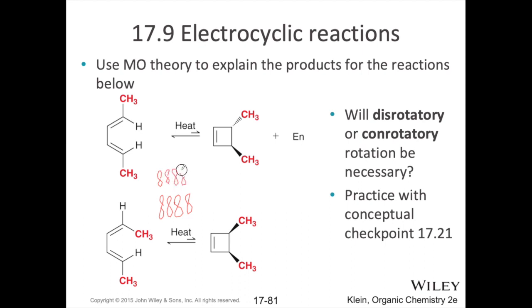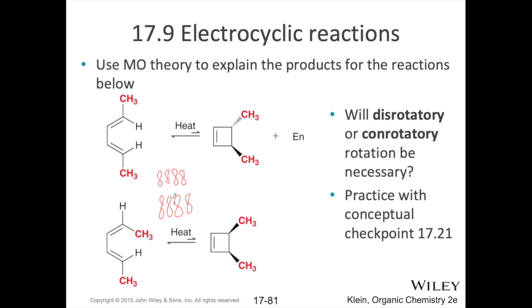Now, we're doing this with heat, so really our HOMO here is just going to be the second out of the four orbitals. So I'm not going to bother drawing the third and the fourth just because they're unoccupied and they're not really important. We're interested in the HOMO over here, that highest occupied molecular orbital.